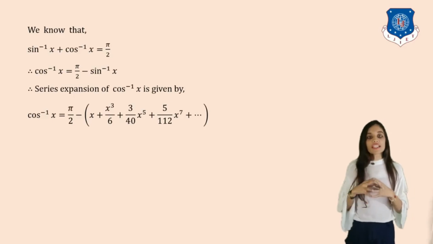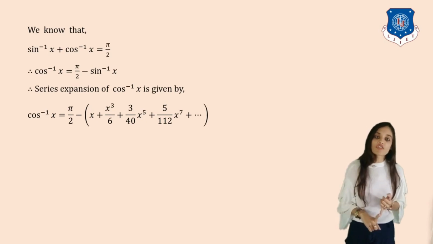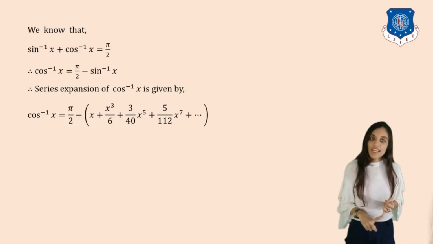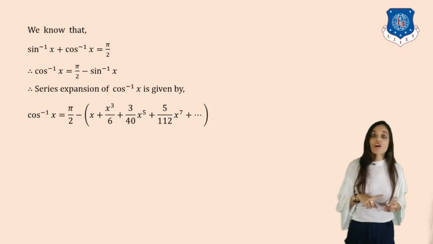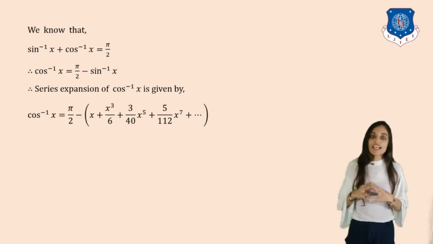So in this method, firstly we took the first derivative of the given function, then used any of the series expansions such as 1 upon 1 plus x, 1 upon 1 minus x or the binomial series. Then we integrate on both sides, find the value of c, and finally you get the series expansion of the required inverse trigonometric functions.